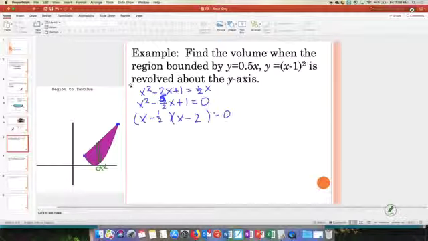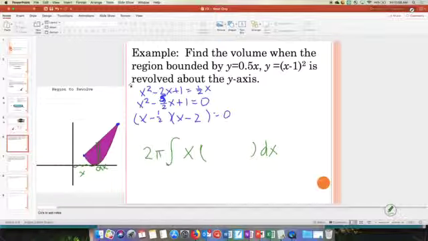To use the shell method, we need 2 pi times radius times height times dx. Now, each of these rectangles would be x away from the y-axis.